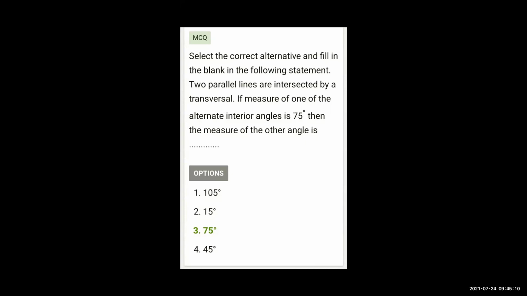So the alternate angles, what is the property for alternate angles? That similarly like corresponding angles, the alternate angles are also congruent. Okay, for two parallel lines and their transversal. Okay, so if one angle is 75 degree, second angle will be also 75 degree.